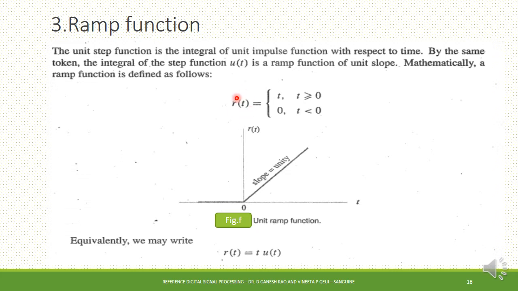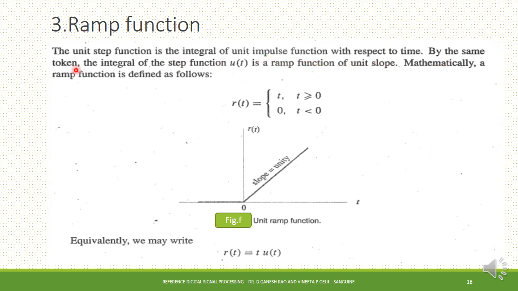Till now we have studied the step function and the impulse function. According to that, the unit step function is the integral of the unit impulse function with respect to time.